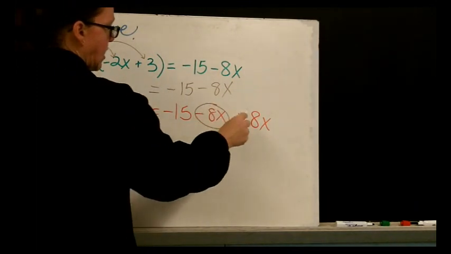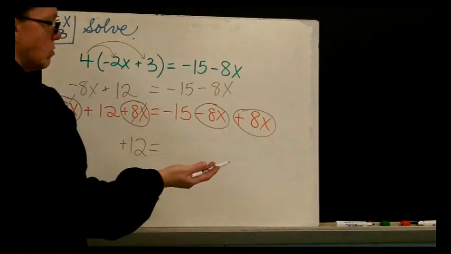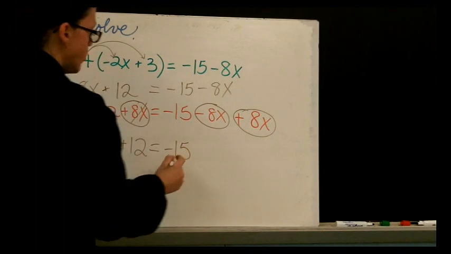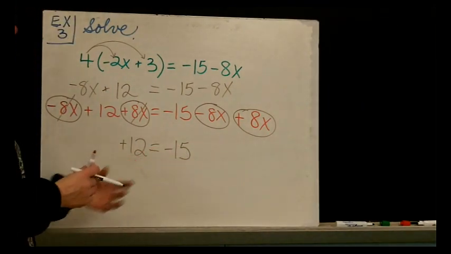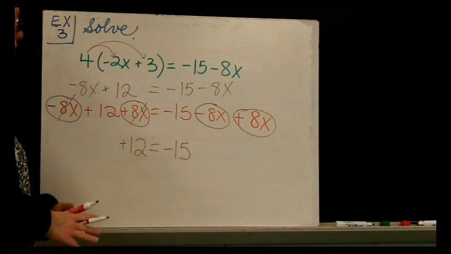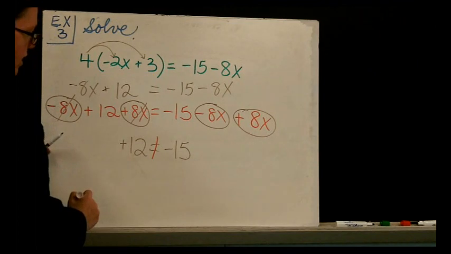We have a negative 8x and a positive 8x. We lost all our x's. We lost all our variable terms. And what are we left with? We have a positive 12 equals negative 15. Positive 12 does not equal a negative 15.